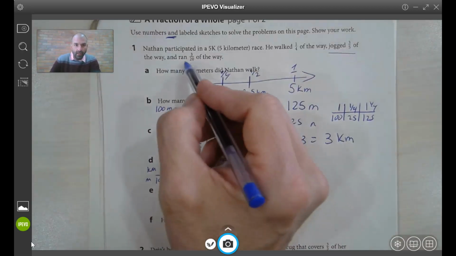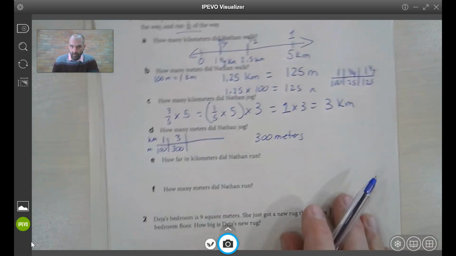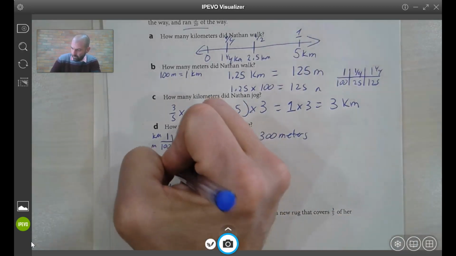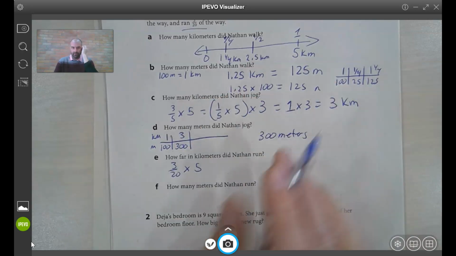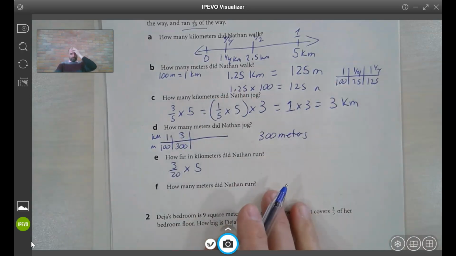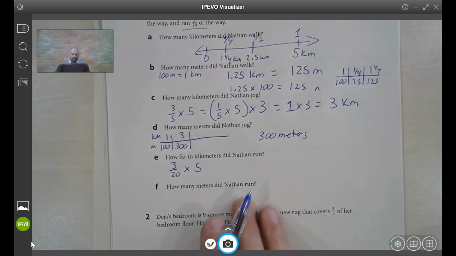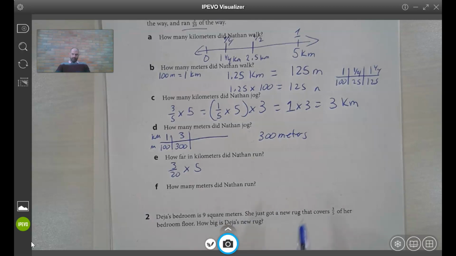How far in kilometers did Nathan run? He ran 3/20 of the way. So 3/20 of 5 kilometers. I think I'm just going to add 3/20 to itself 5 times.